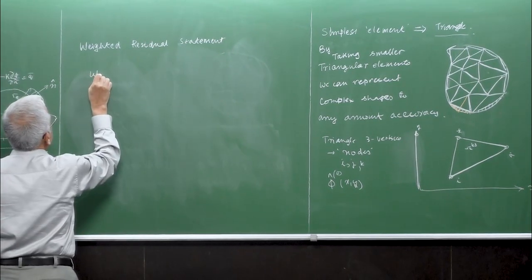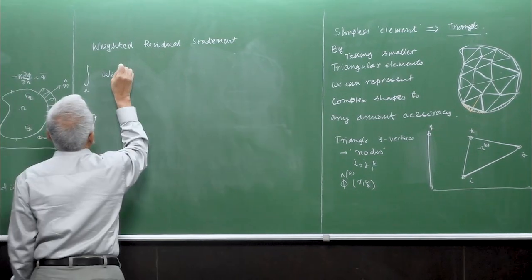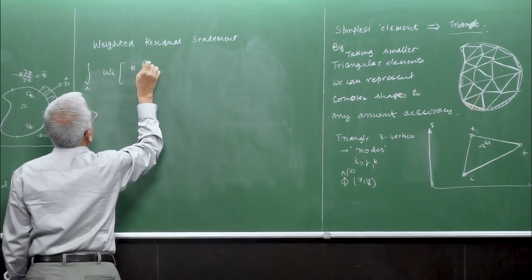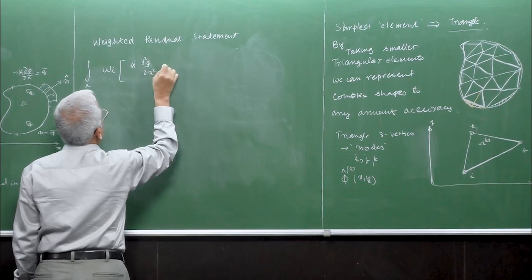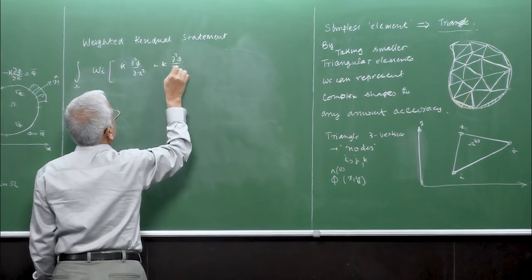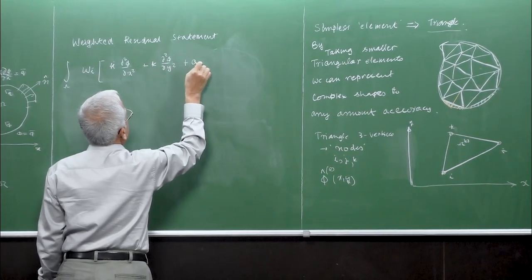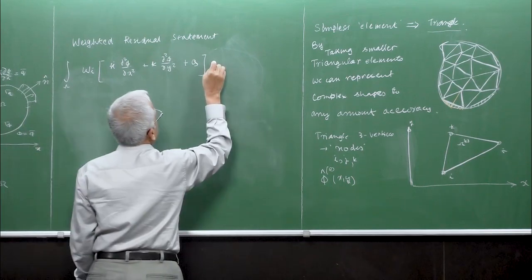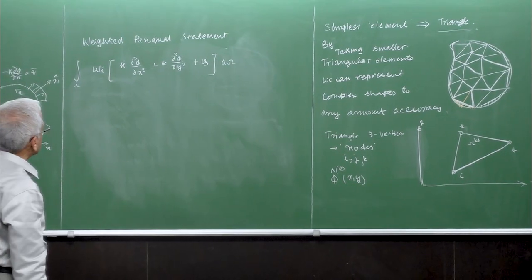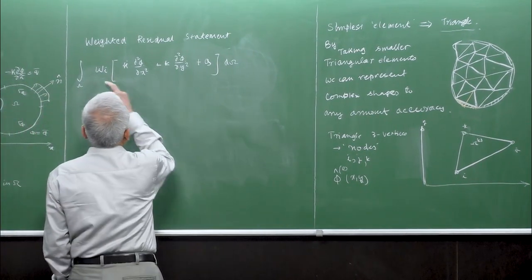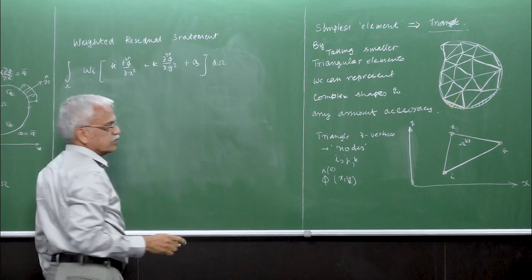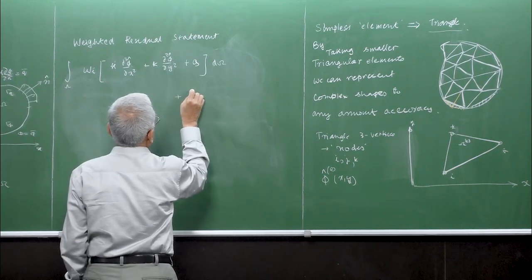To start with, we have this. This is one term, and this is the residual in the domain omega. And phi, of course, we'll write as phi hat.